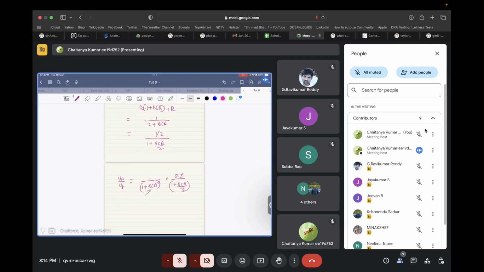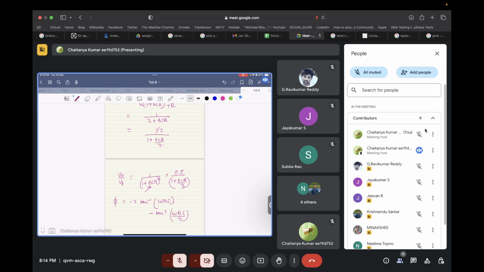So from this thing over here, we will have minus of 2 tan inverse omega RC, correct? And the second thing will be minus tan inverse omega RC by 2. So this will be our overall phase response, and this should be equal to 180 degrees, right?